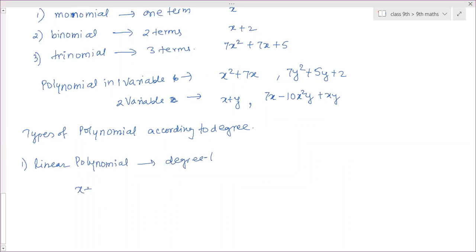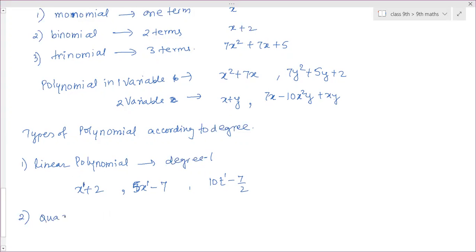So that means x plus 2, x minus 7, 5x minus 7. Here the maximum exponent is 1. 10t minus 7 by 2. Here t's power is 1. So therefore this is degree 1, and hence these kinds of polynomials are called linear polynomials.